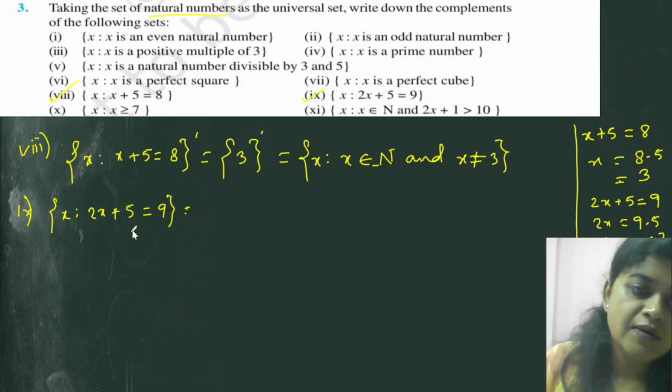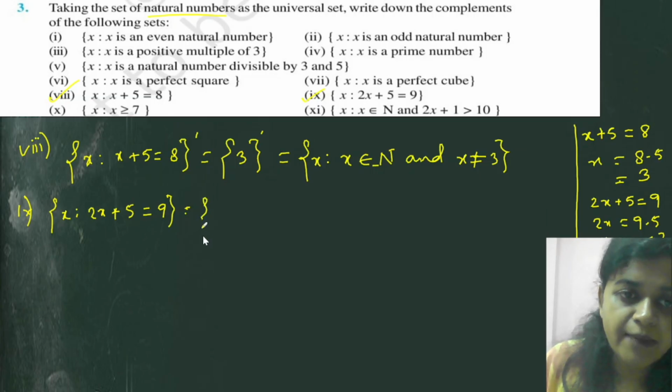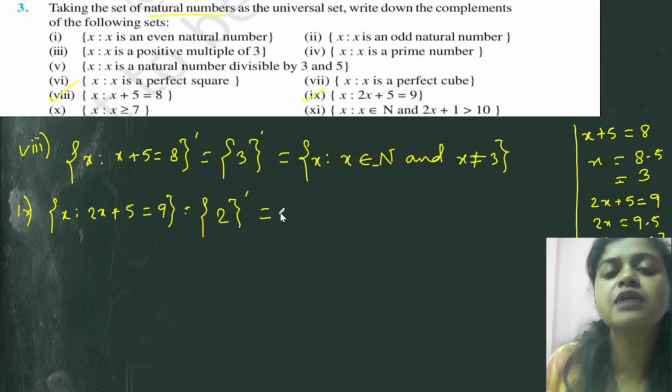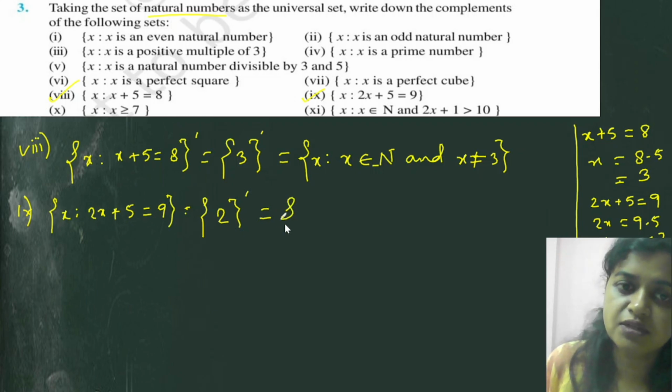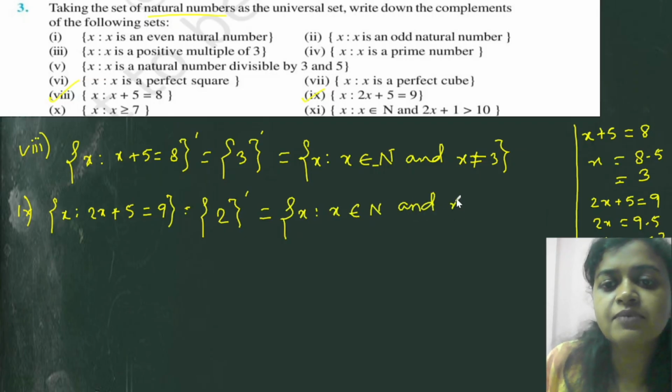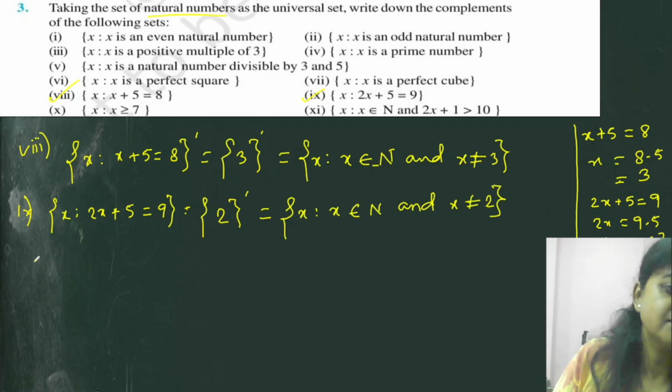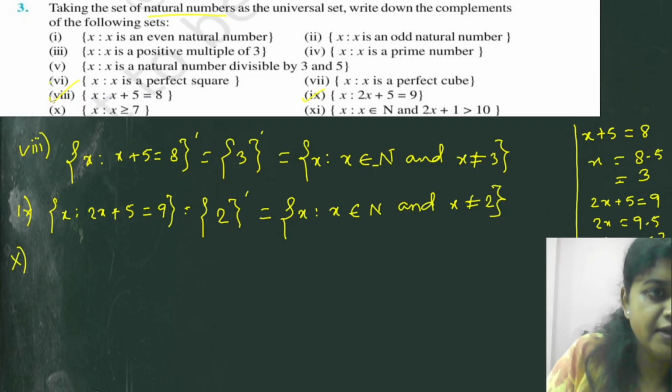So we have to find the complement of {2}, which means we remove the element 2 from the natural number set. We write x such that x belongs to natural numbers and x is not equal to 2. Got it?